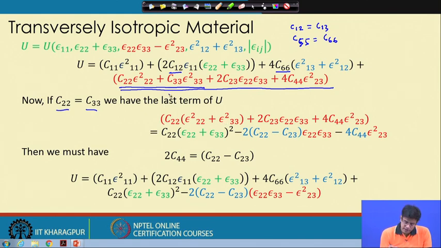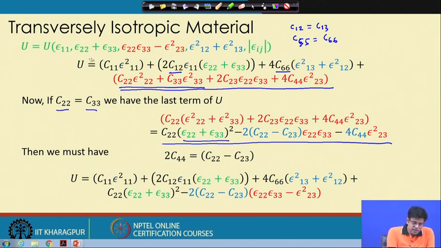If I manipulate this with this assumption, I can write this last quantity in terms of this, which is essentially plus or minus some quantity, which you can try simply with pen and paper. Once we are done with this, we can see that it is a function of epsilon 22 and epsilon 33, which is as per our assumption, the invariant quantities epsilon 22 and epsilon 33.